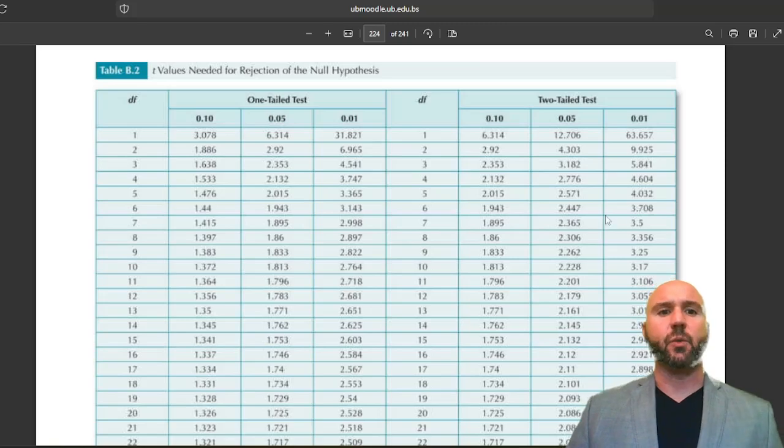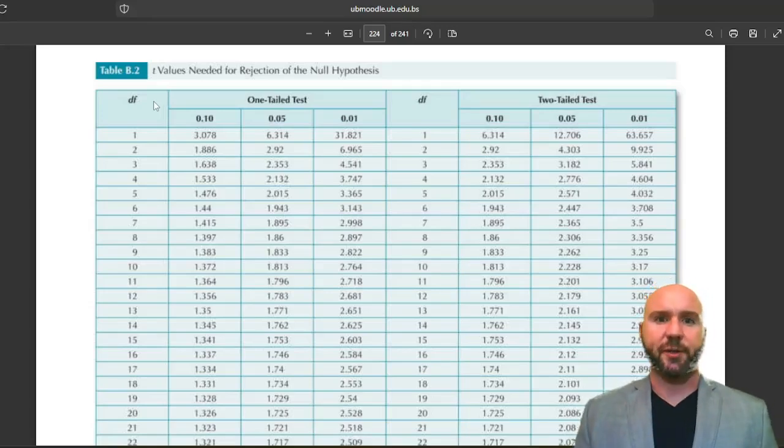As in, you wouldn't be able to understand why we're using table B2, which we'll be using today, t-values needed for rejection of the null hypothesis, unless you understood what a null hypothesis is and what it means to reject a null hypothesis. Furthermore, would you really understand what this signifies right here, df, if we hadn't gone through that material in chapters 5 and 15, and we'll return to it again in chapter 11 today.